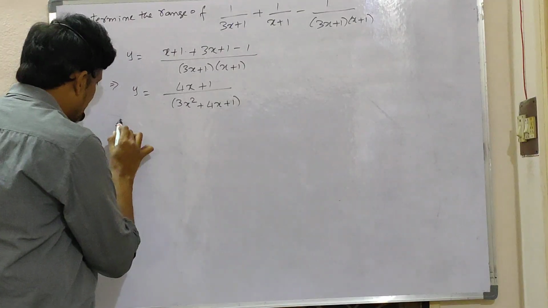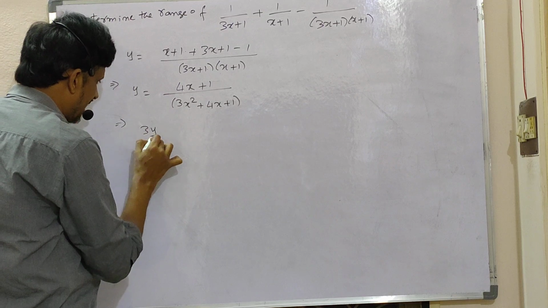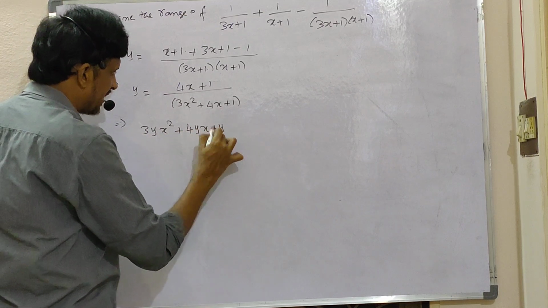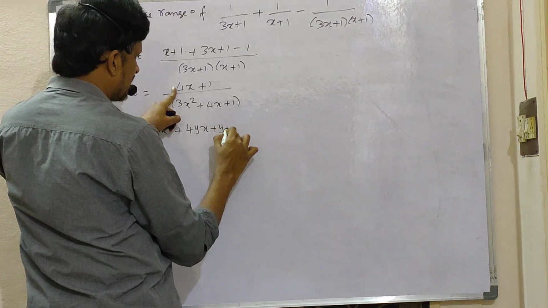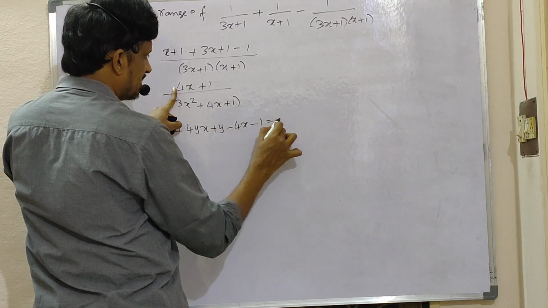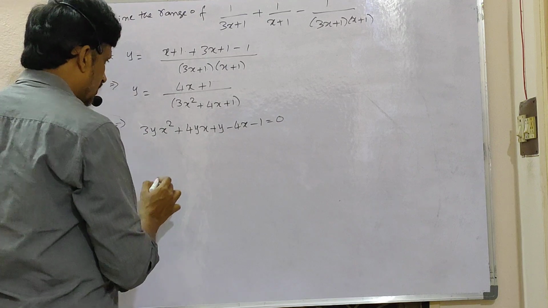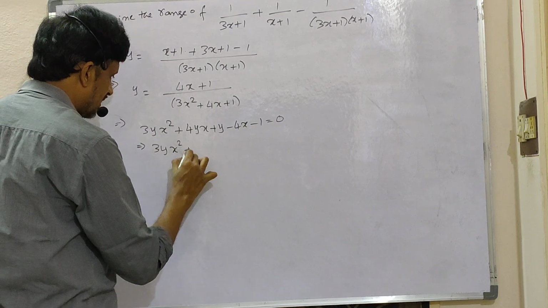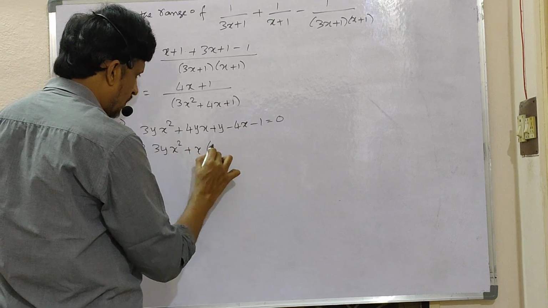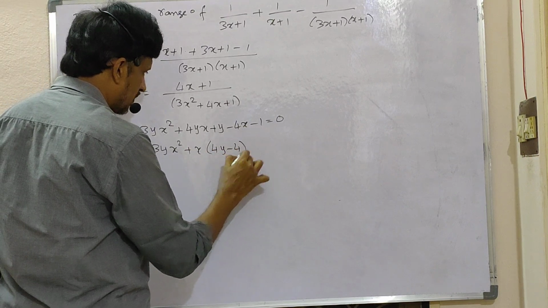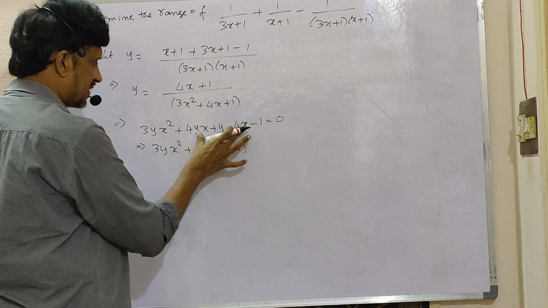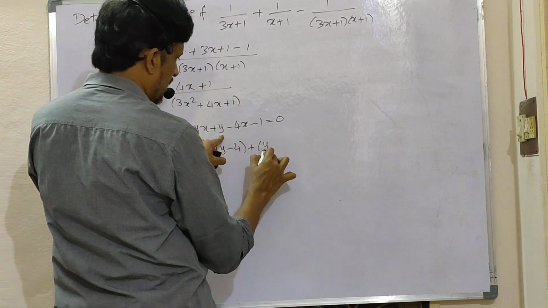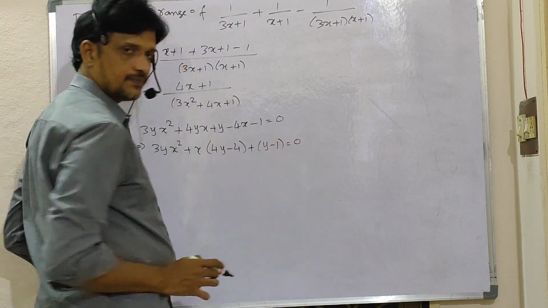Now cross multiplication gives 3yx² + 4yx + y = 4x + 1, which means 4x − 1 is 0 on the other side. So again we got a quadratic equation: 3yx² + (4y − 4)x + (y − 1) = 0.